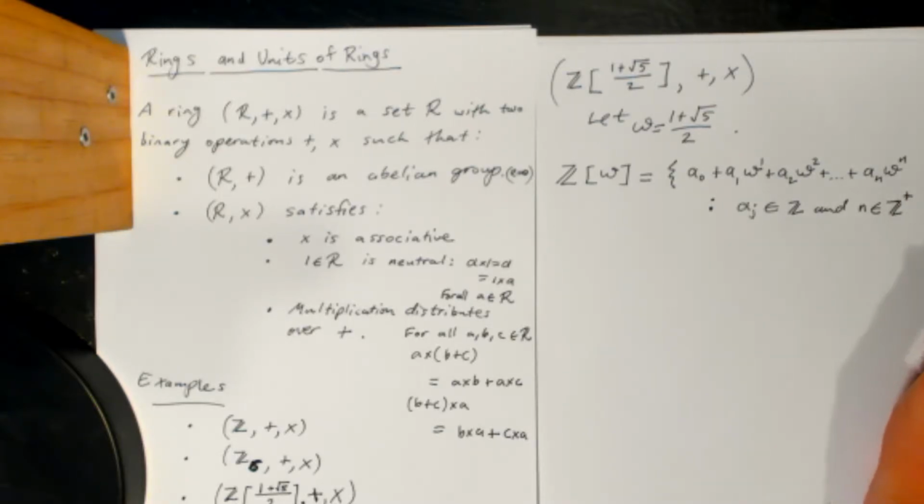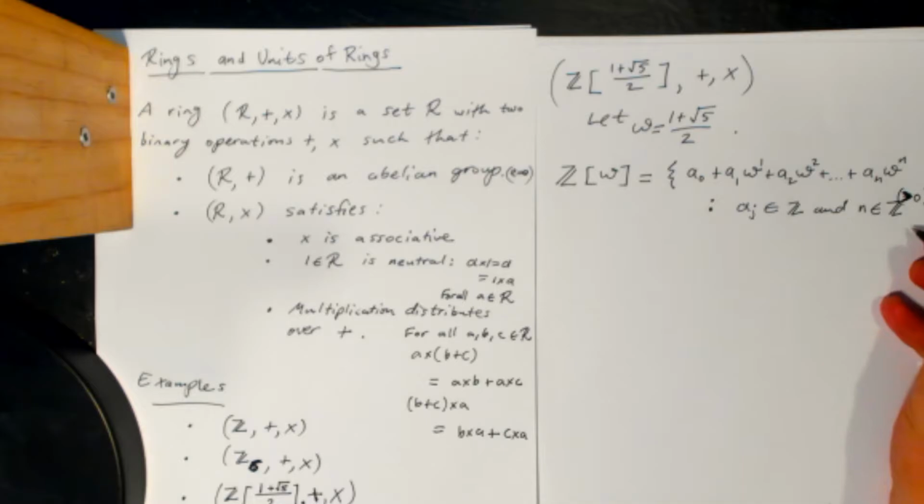I put a superscript of plus there to mean positive integer, but I've used a star for something else, so I'm going to change this to say n greater than 0, because I don't want to confuse the notation there.